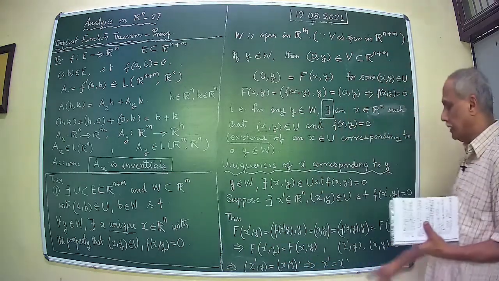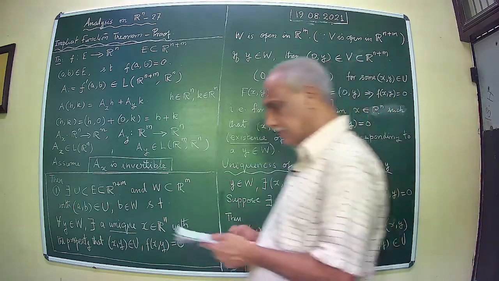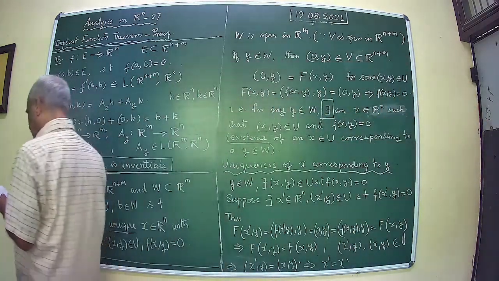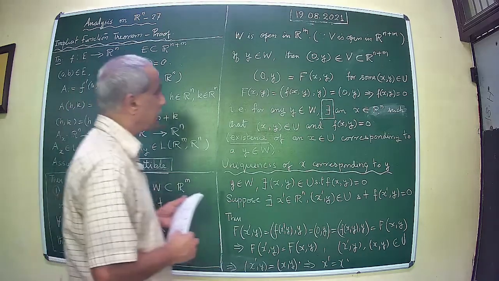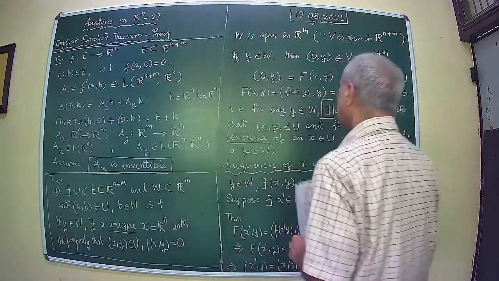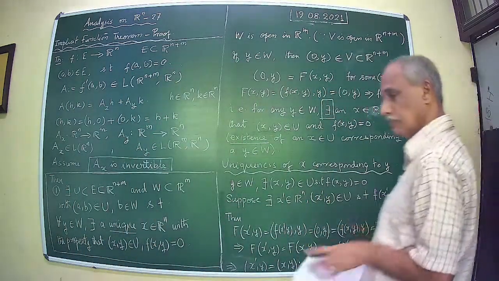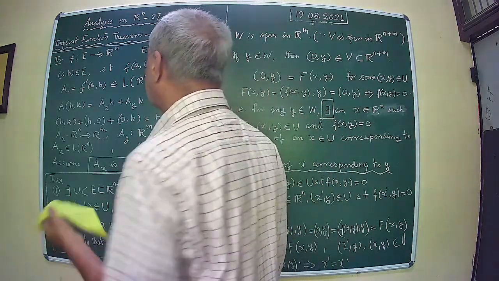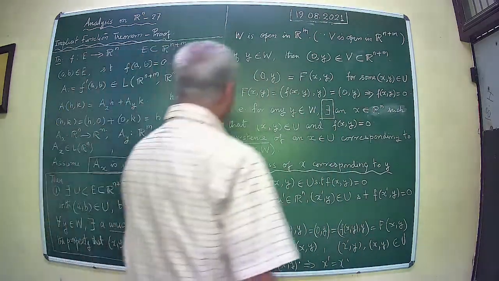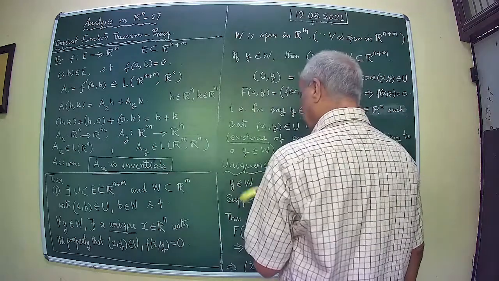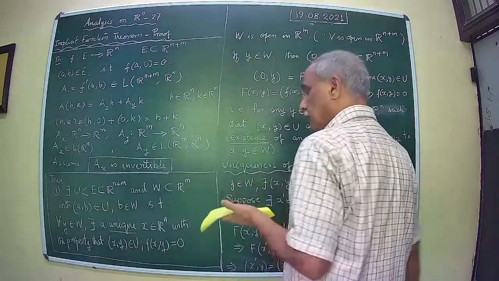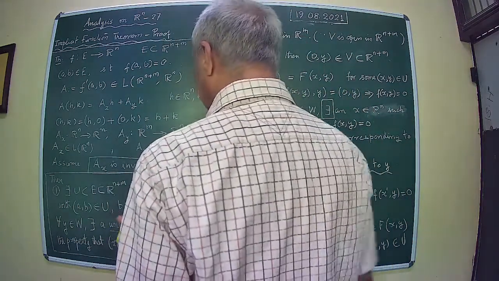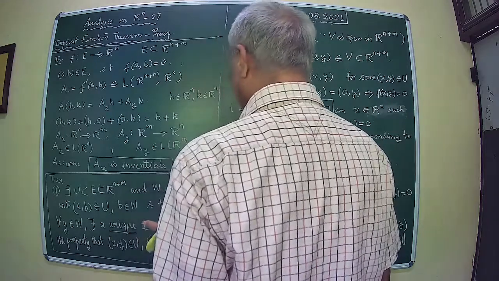So there is a unique x such that the required properties are satisfied. Okay. So we have more or less proved the first statement of the theorem.